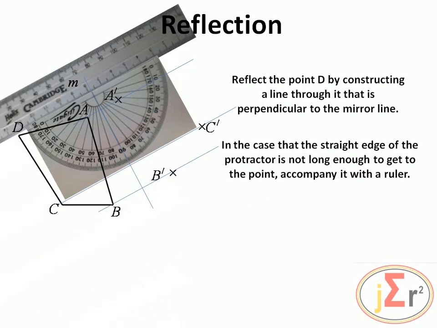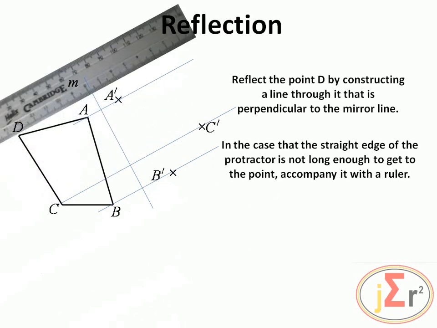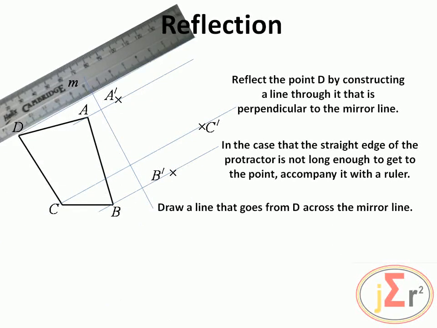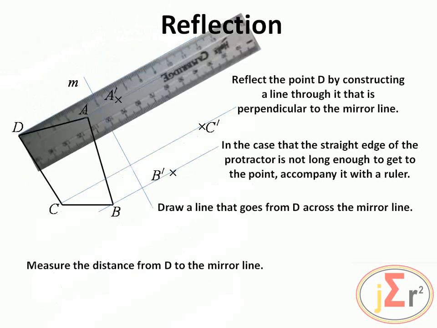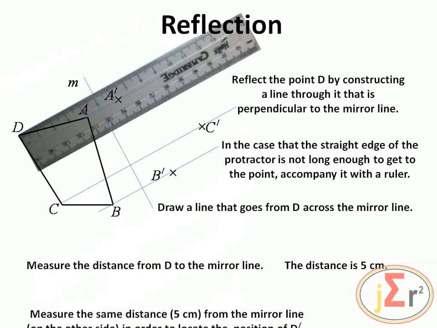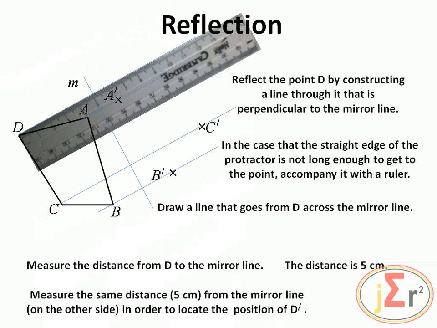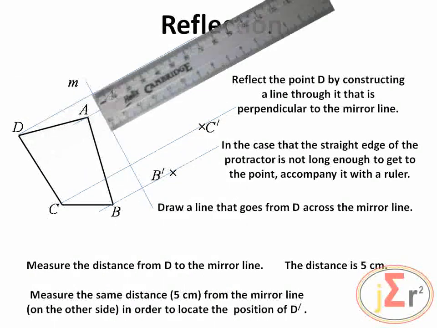And that we have done, then we carefully remove the protractor and use the ruler to draw the line that goes straight across as usual. Then we are going to measure the distance from D to the mirror line. That distance is 5 centimeters, and we need to measure from the mirror line to the other side 5 centimeters and locate the image of D right there, D prime.